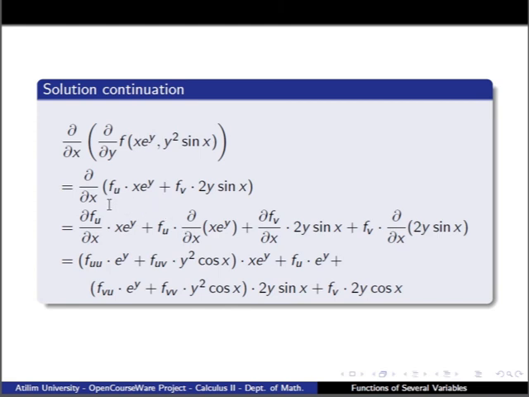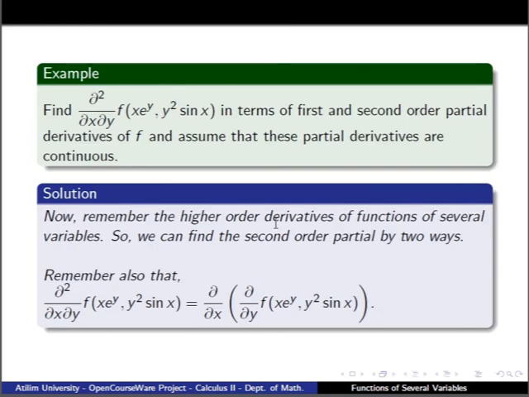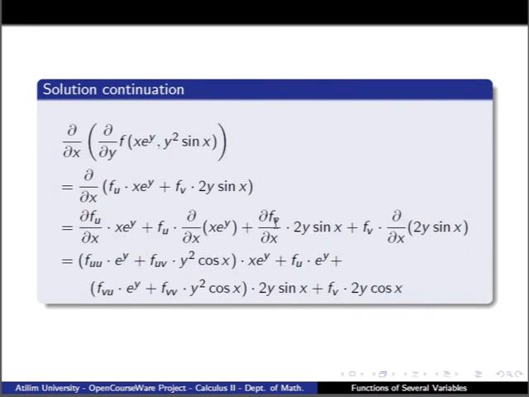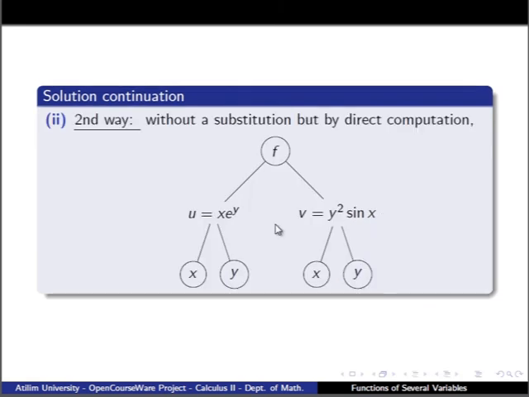But the most important thing in those mixed derivatives, the differentiation of f_u with respect to x and differentiation of f_v with respect to x. Note that f_u and f_v are the functions of u and v, similar to the function f.